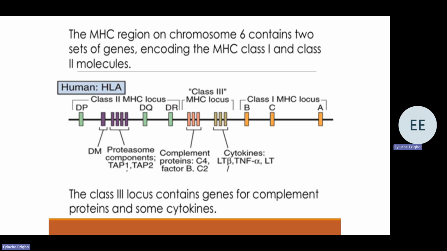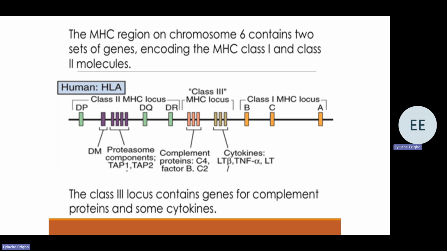The MHC region on chromosome 6 contains two sets of genes encoding the MHC class 1 and class 2 molecules. This is the genetic arrangement, the loci, the genes that make up the MHC region.